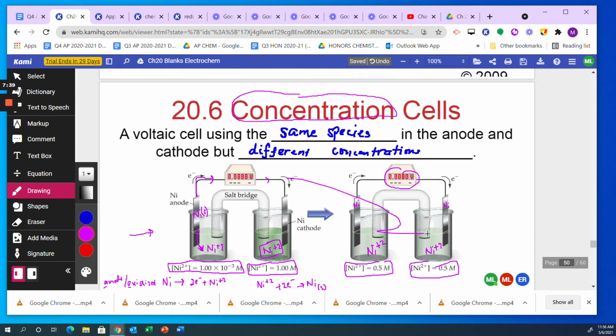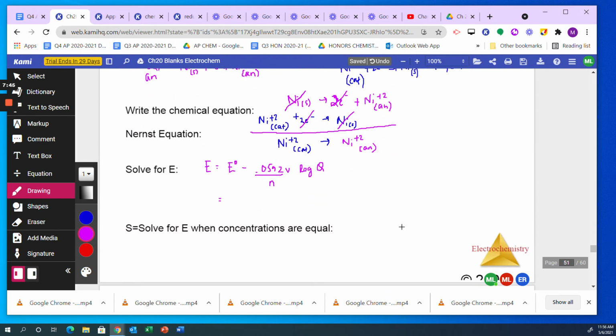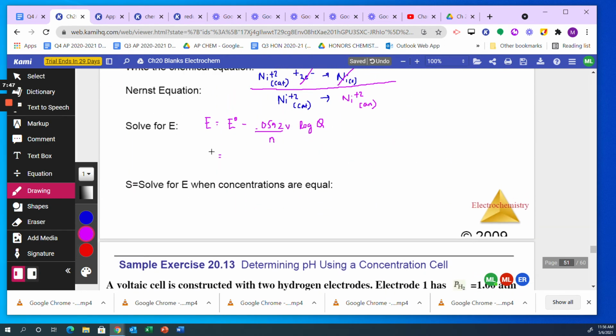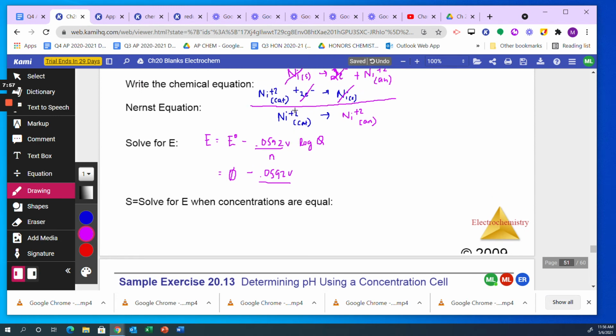They're both nickel, so the E naught will be 0. So this value right here is 0 minus 0.0592 volts over, and you transferred 2 electrons, as shown right here and right here, so 2 log of Q.